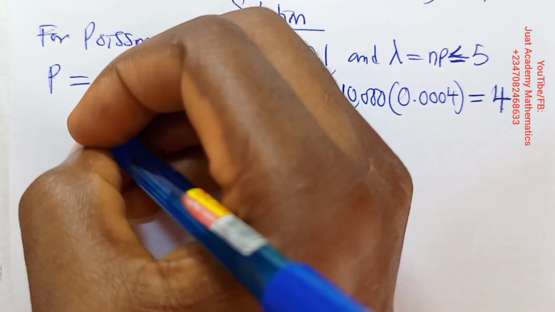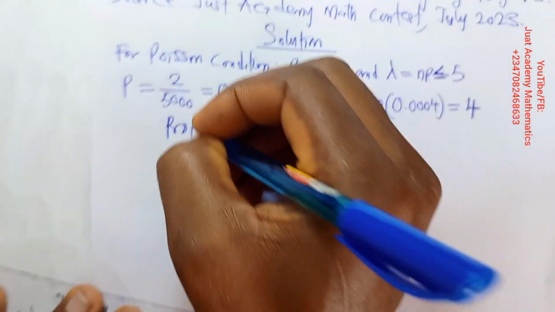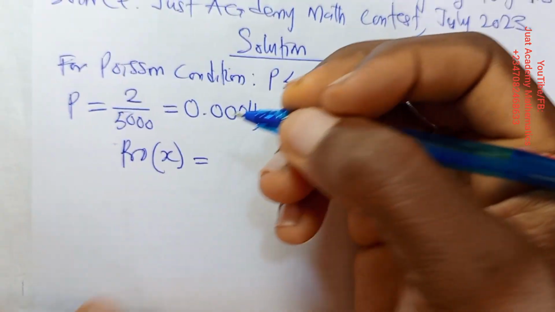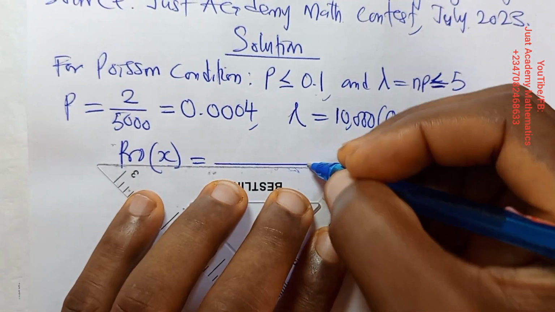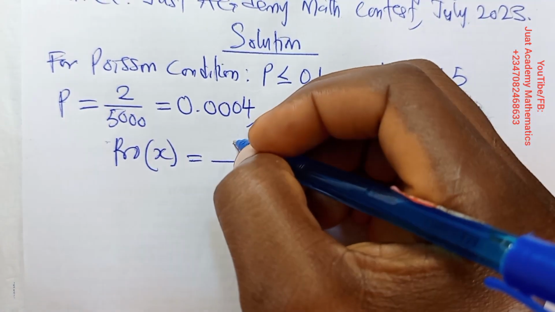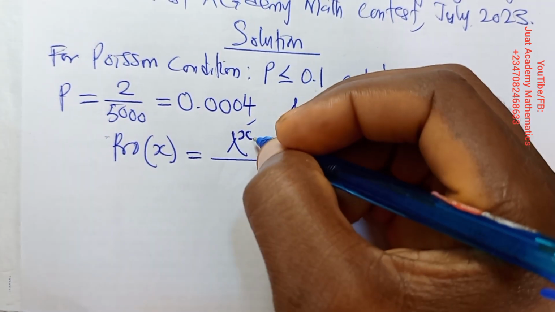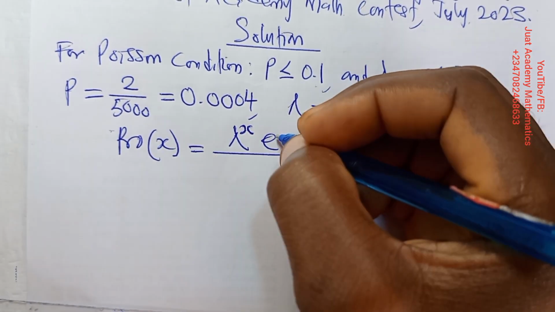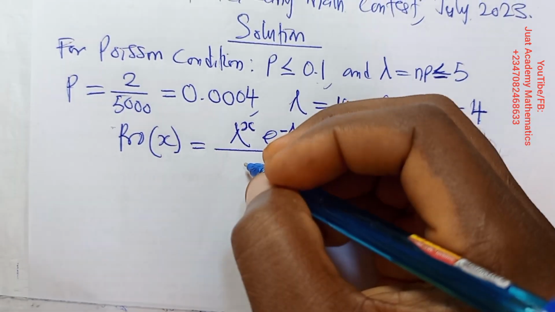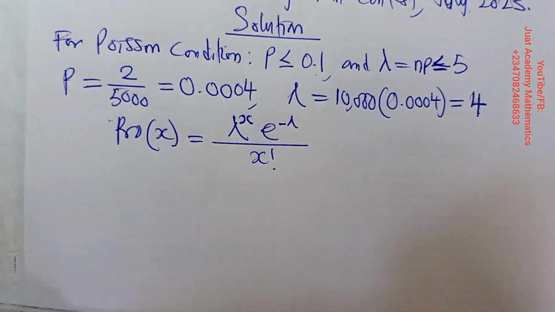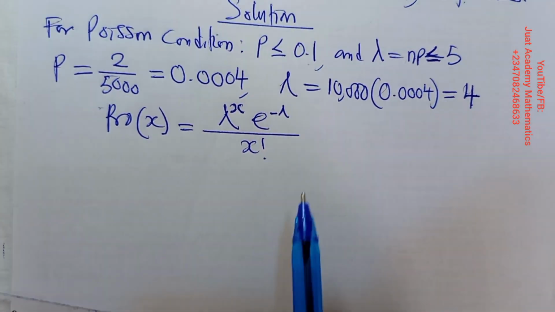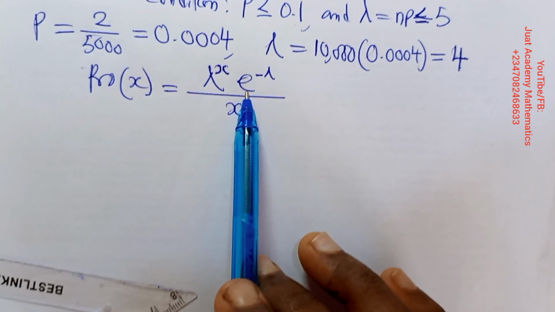Therefore, the general formula states that the probability of X is equal to the expected value or mean raised to the power of x, times e raised to the power of minus the mean, over x factorial. Now, this e is an identity in mathematics.